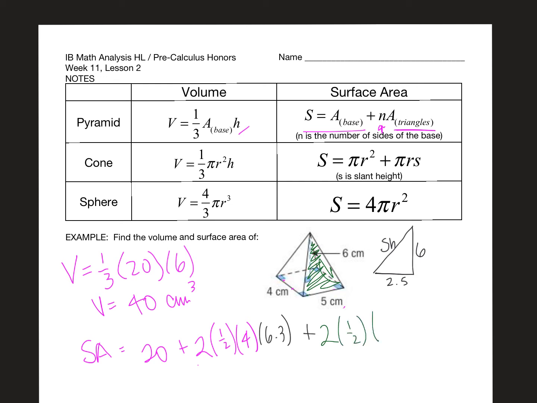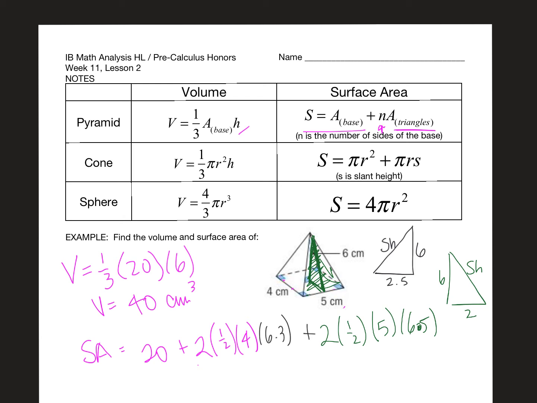Half the base, which is a 5. Sorry about that. And again, now I need this height, which we'll call the slant height, which will also depend on this and this. So I'm going to draw a separate triangle here. The base on that is 2, the height is 6, and I'm looking for this slant height, which ends up being 6.5.